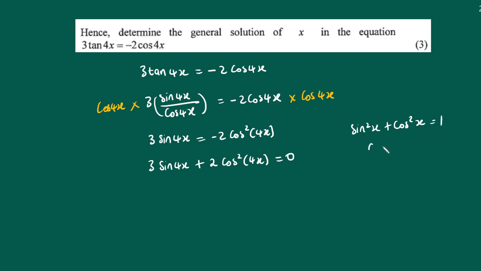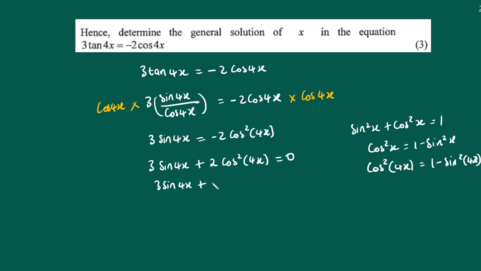So cos squared x is equal to 1 minus sine squared x. Whichever angle, cos squared 4x will be equal to 1 minus sine squared 4x. So here I can rewrite it.